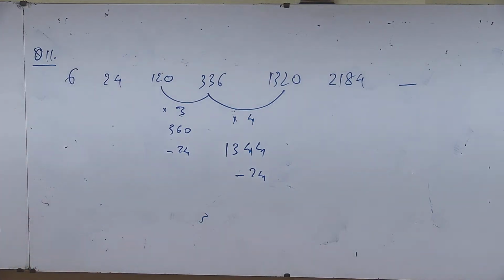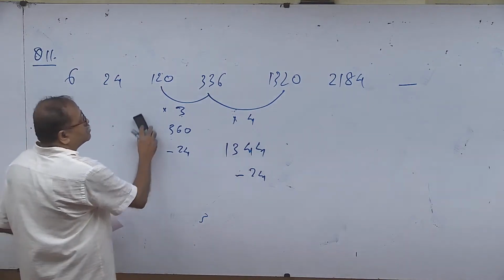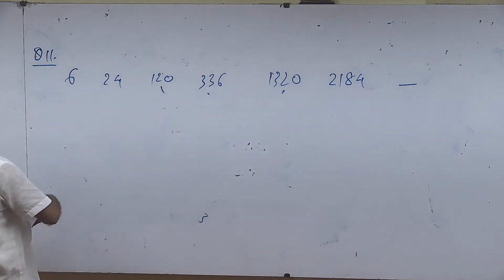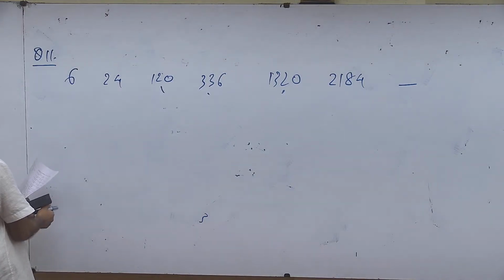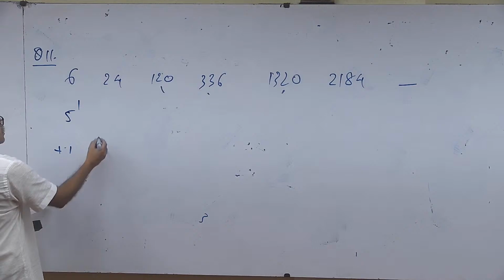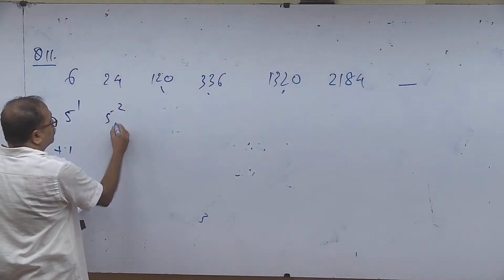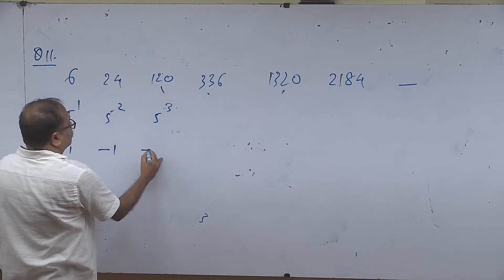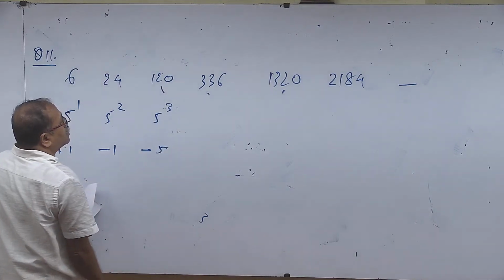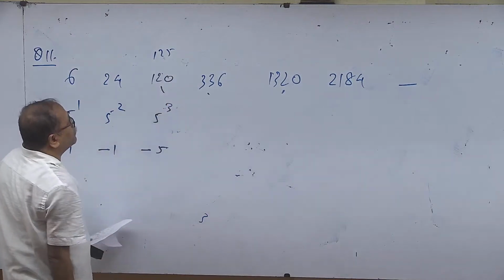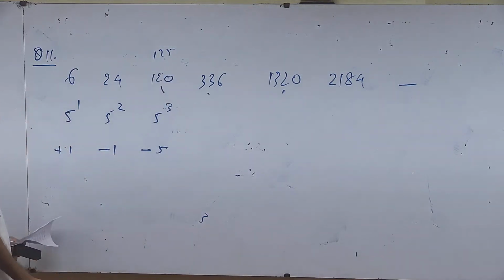So, that's right. 5 to the power 1 plus 1, 5 to the power 2 minus 1, 5 to the power 3 minus 5, and this is 125. If I multiply this by 5, I will be getting a huge number.